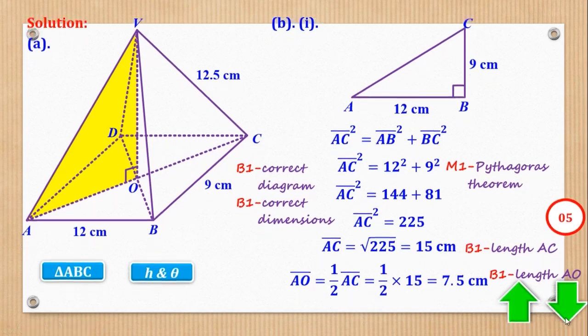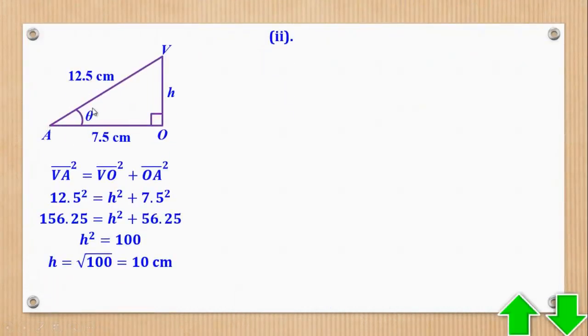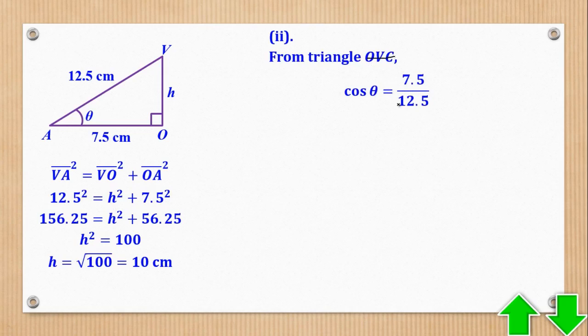So this is VAO. So cos is equal to adjacent over hypotenuse, which gives you cos theta equals 0.6, then arc cos is 53.1, and that's what they wanted.